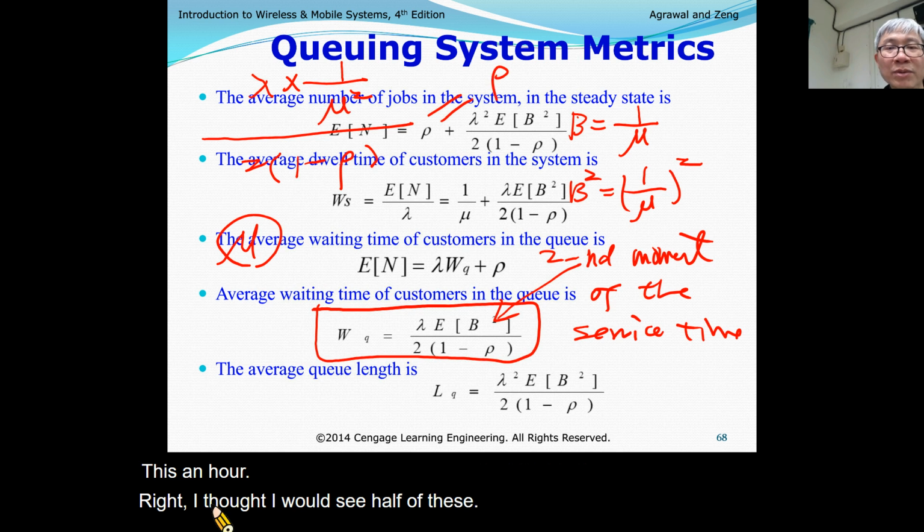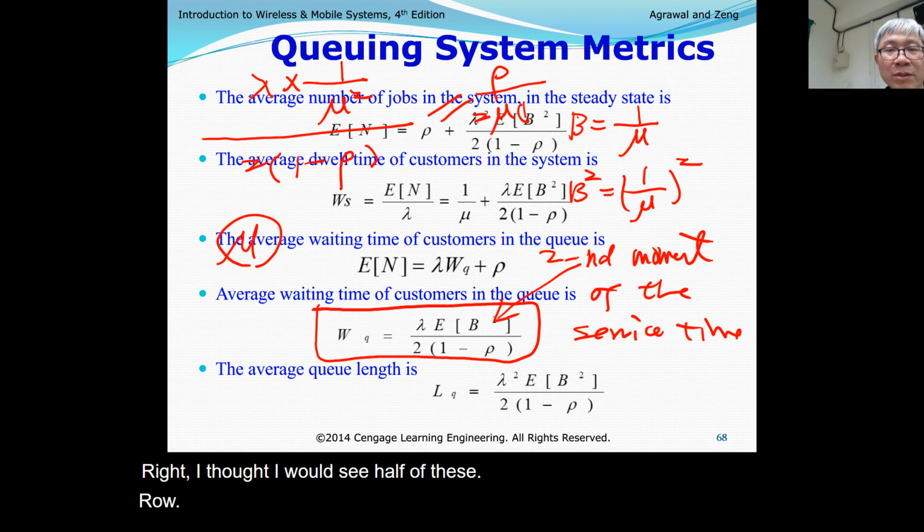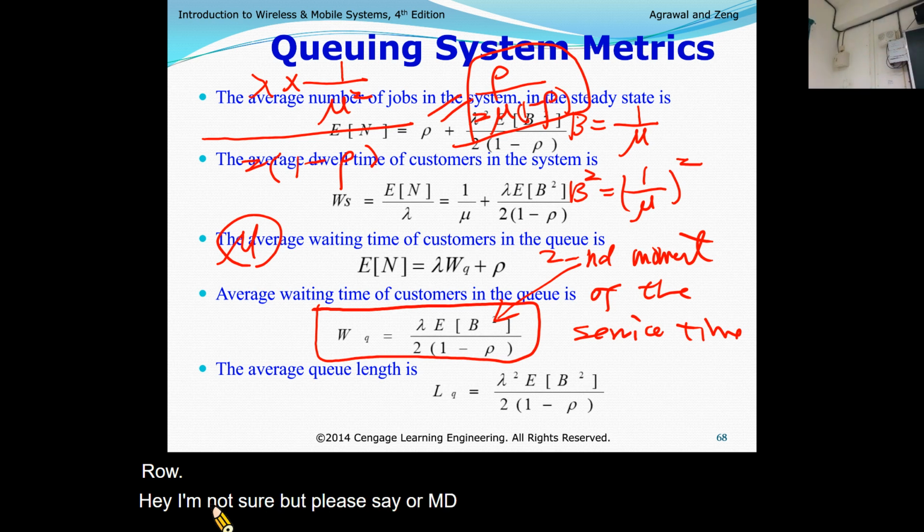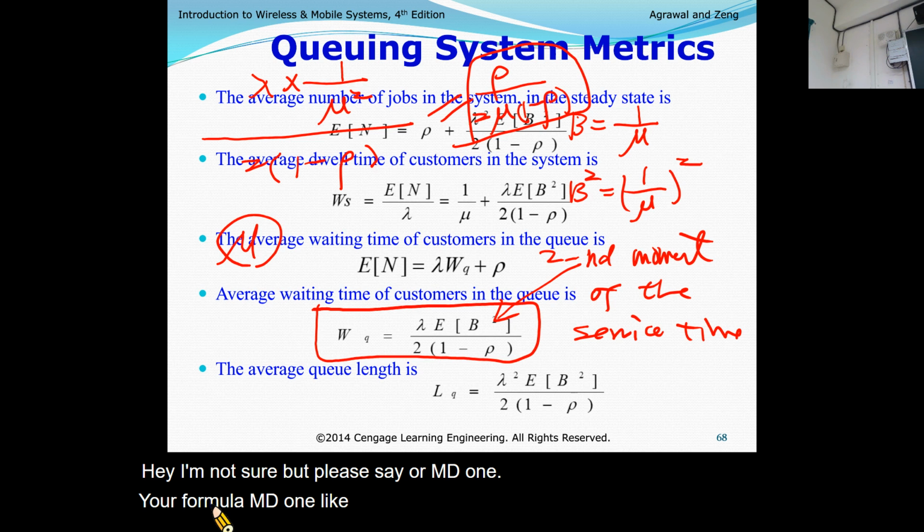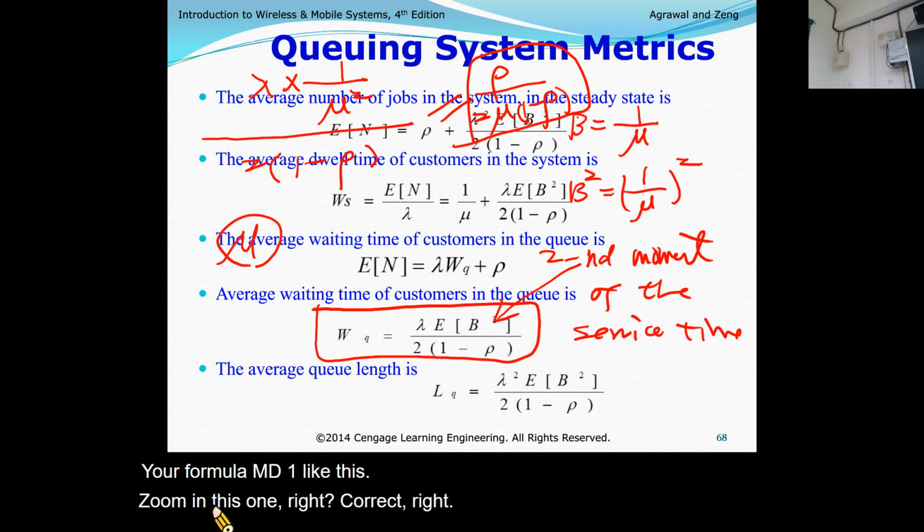And so that we still have this rho here. I'm not sure, but previously for M/D/1, your formula for M/D/1 was like this. Yeah, correct, right? Equal to this one, right?